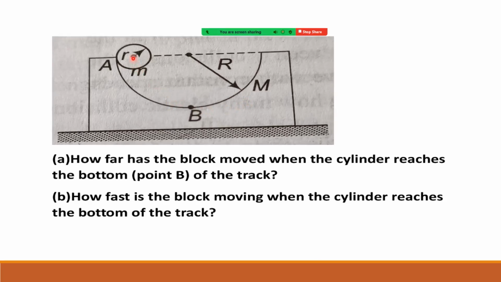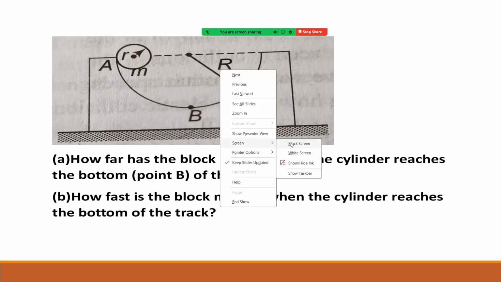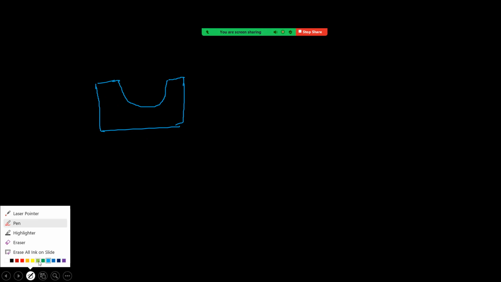Now what we can say here, see how to start the problem. So we are taking the block, and there is now one cylinder.